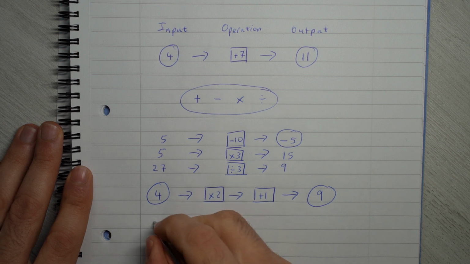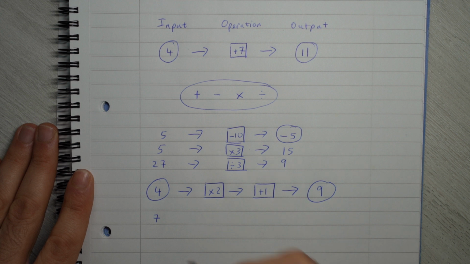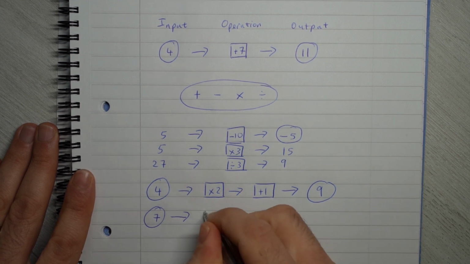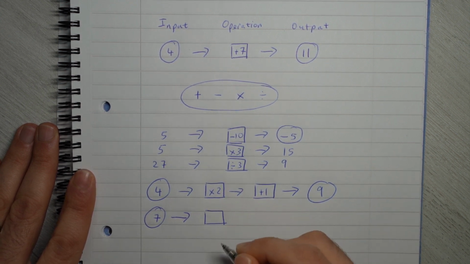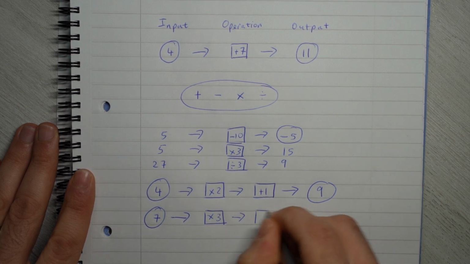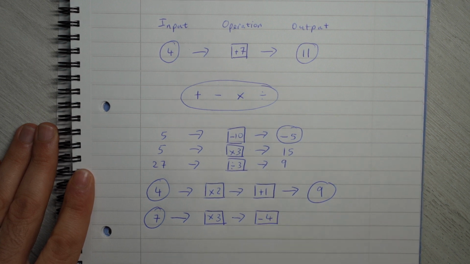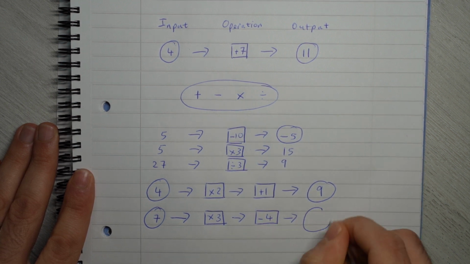Let's take another one. For example, as an input we have 7. The first operation is times 3. The second operation is minus 4, and we need to work that out.